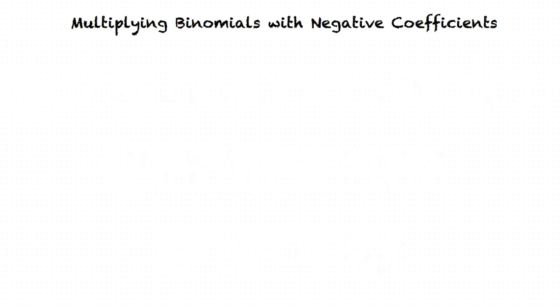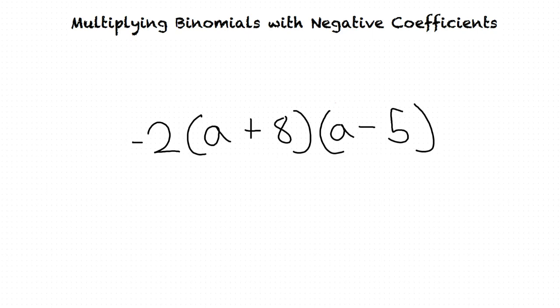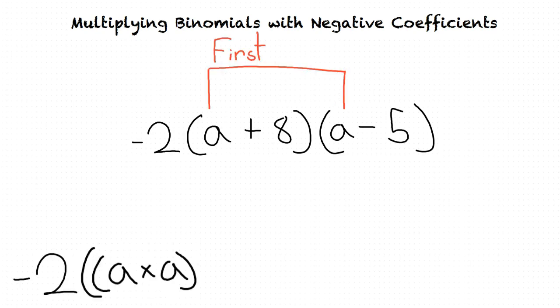Great question. We would use the same process as before, except we add one step at the end. Let's use the example problem, negative 2 times a plus 8 times a minus 5 to demonstrate this step. We first use our FOIL method to distribute the contents of both binomials. With our first terms, our result is a times a, which multiplies out to a squared.